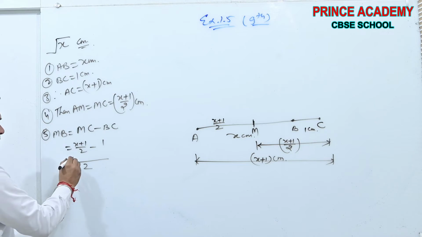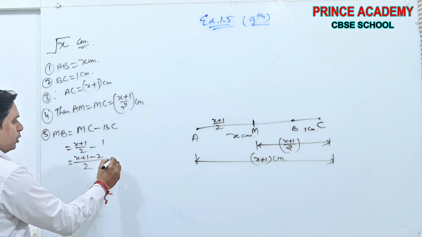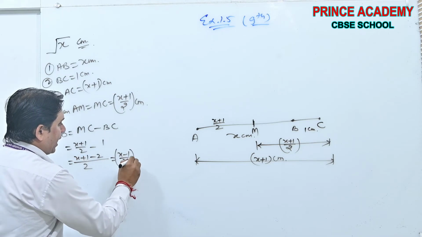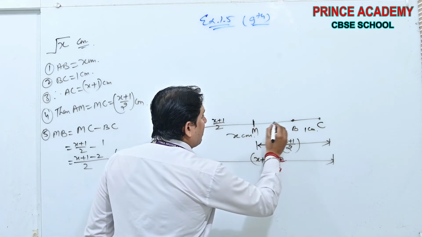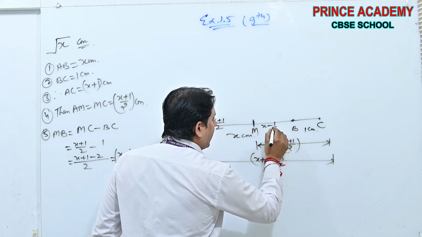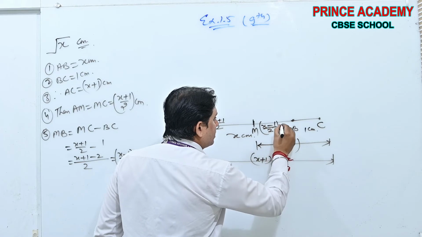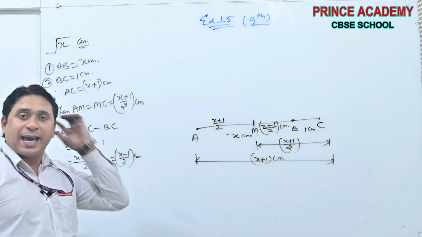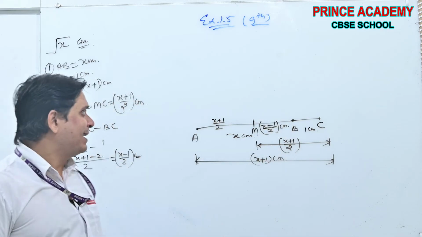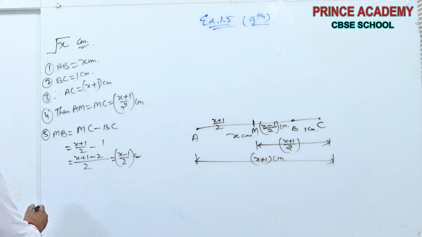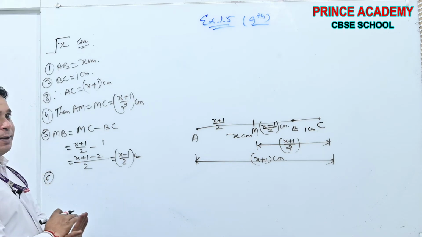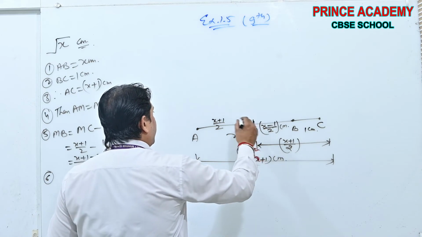Taking 2 as the LCM, (x plus 1 minus 2)/2, which is (x minus 1)/2. Okay. MB will be (x minus 1)/2 centimeters. Okay. Number 6. Now the sum is over, beta. With M as center you will draw the semicircle.